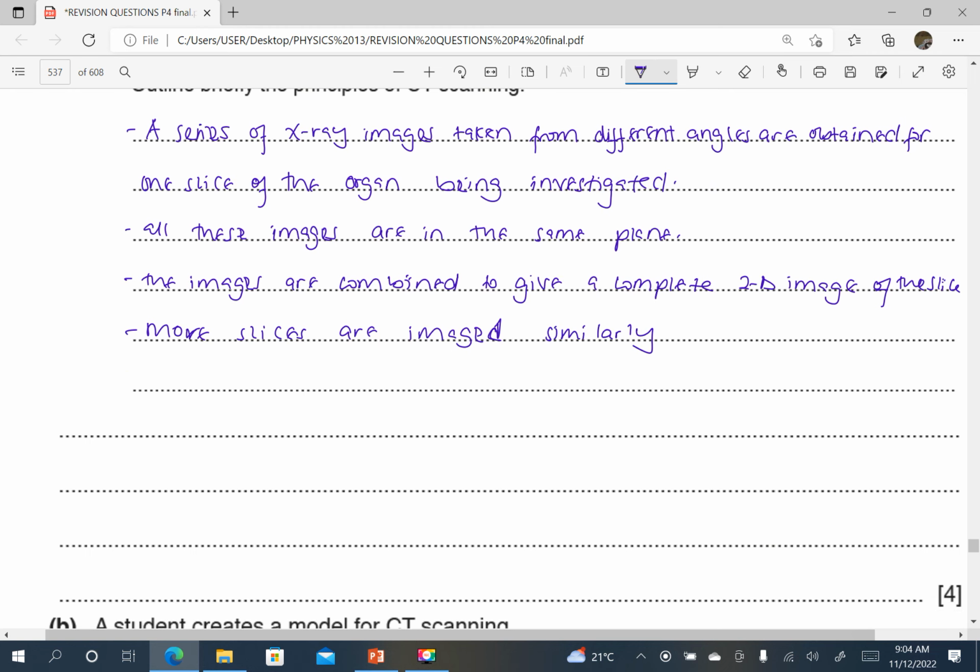More slices are going to be imaged similarly. Now what remains is combining all the two-dimensional images by a high-power computer to build up a three-dimensional image.